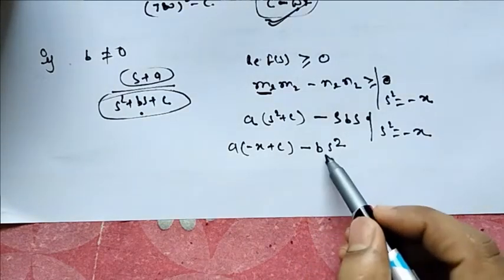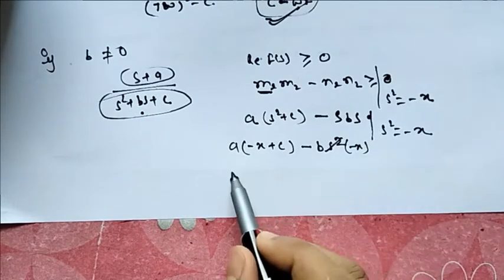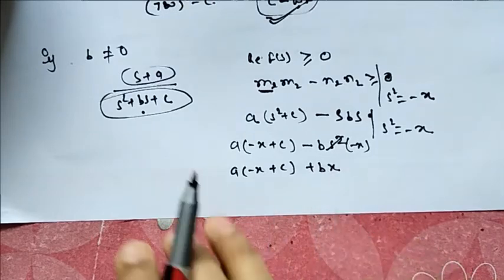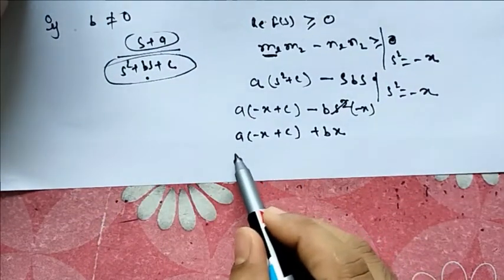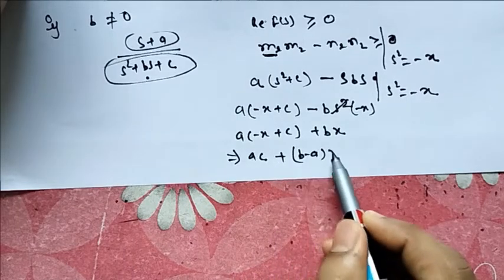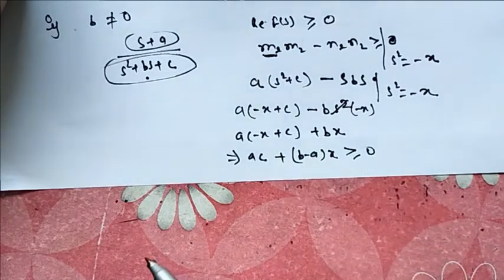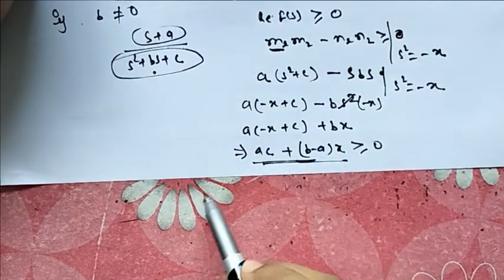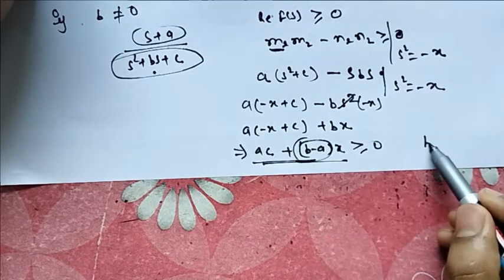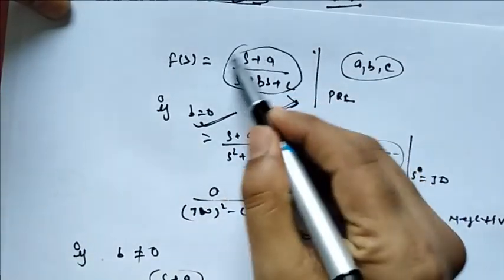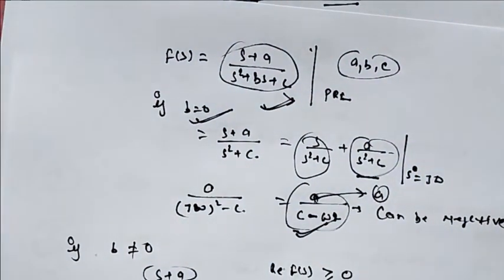Now with s square equal to minus x, this will be plus bx, or we can say ac plus (b minus a) into x must be greater than 0 for this to be PRF. Now if this whole expression must be greater than 0, it means b must be greater than or equal to a. So this is the condition that must be applied to check whether our equation is PRF or not.